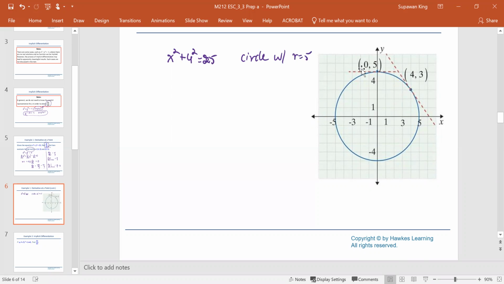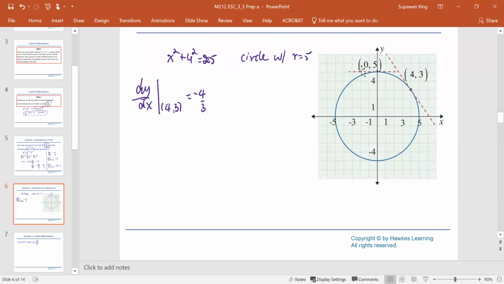At the ordered pair (4, 3), dy by dx gives us negative 4 over 3, which is a negative slope.